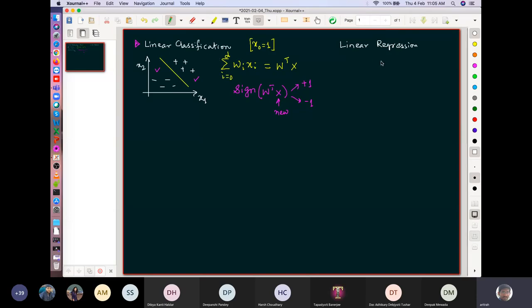However, in regression you need a value. So I can extend this to linear regression by just reporting this as a value, whatever be the new x provided. I will not go for the sign.